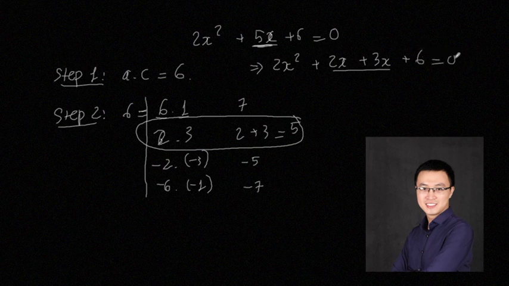And as you know, we succeed with this separation. Step 1, identify a times c. Step 2, separate a times c into something times something, and I choose the option whose factors add together to equal b.